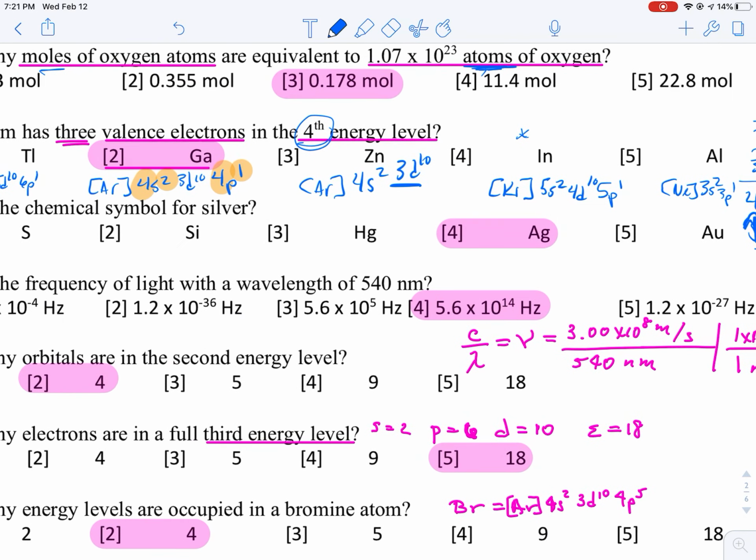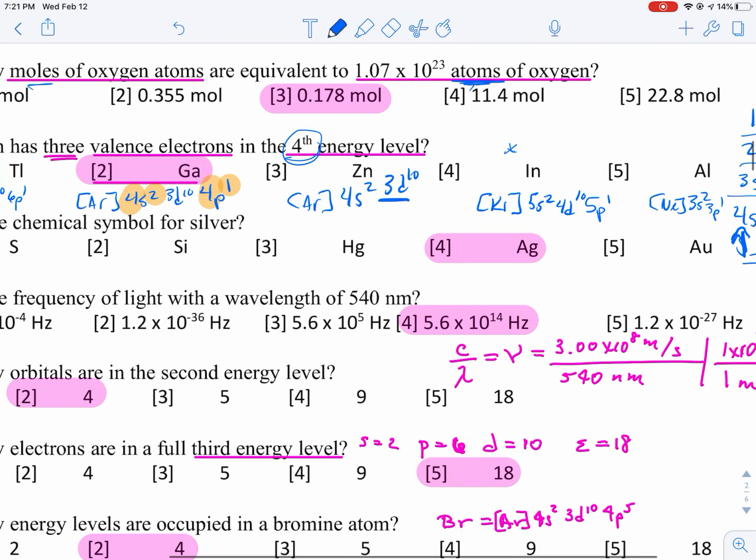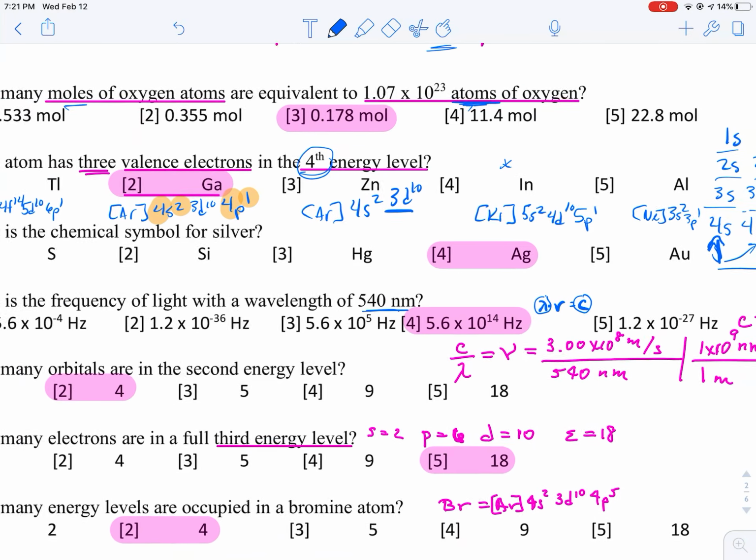The frequency of light with a wavelength. So the equation that you'll be given is that lambda times your frequency is equal to c. You'll be given that, so you need to be able to rearrange it. If they give you the wavelength, and you have c because that is a constant, you need to be able to solve for the frequency by itself.